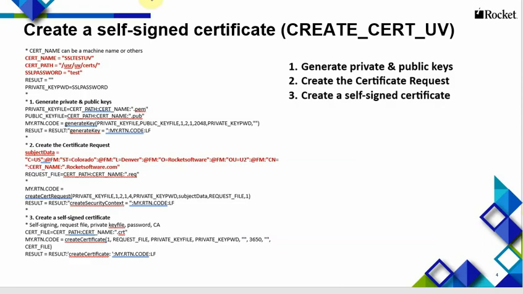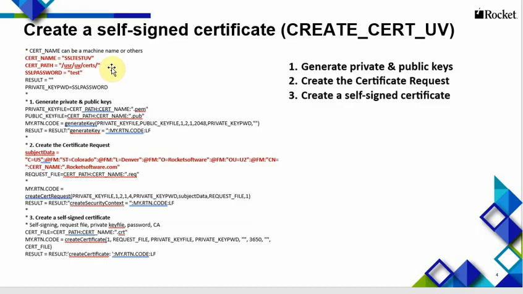And this is the slide that highlights what you might want to change. For example, you may want to change the certificate name, or make sure the path is right. In this case, Universe is installed in the usr UV folder. I want to put all the certificate files in the CRTS folder, so make sure the CRTS folder is already there.